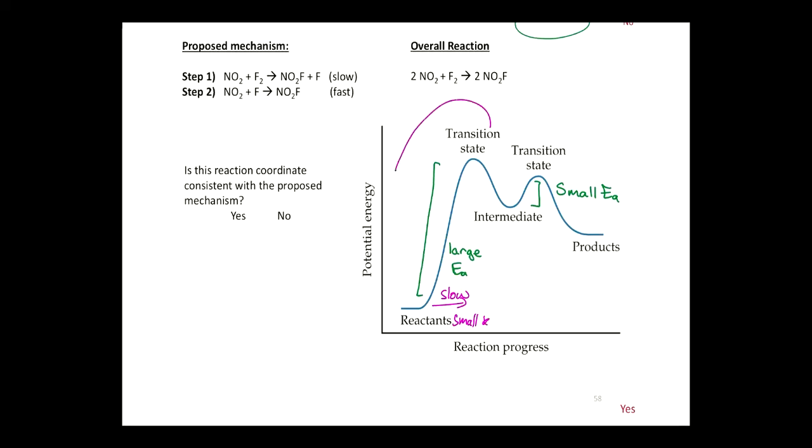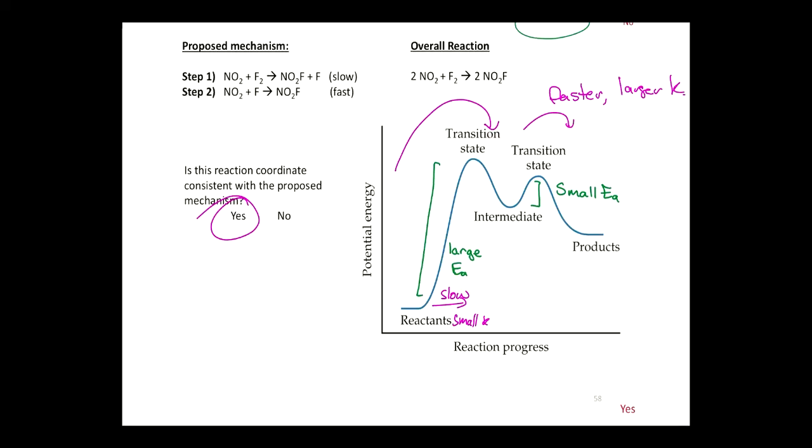If this was some trip or race you were doing, that first hill is going to take a long time to finish versus that second hill, which is going to be a lot faster. It's going to have a larger rate constant because you have a small activation energy. So yes, this reaction coordinate diagram is consistent with that mechanism.